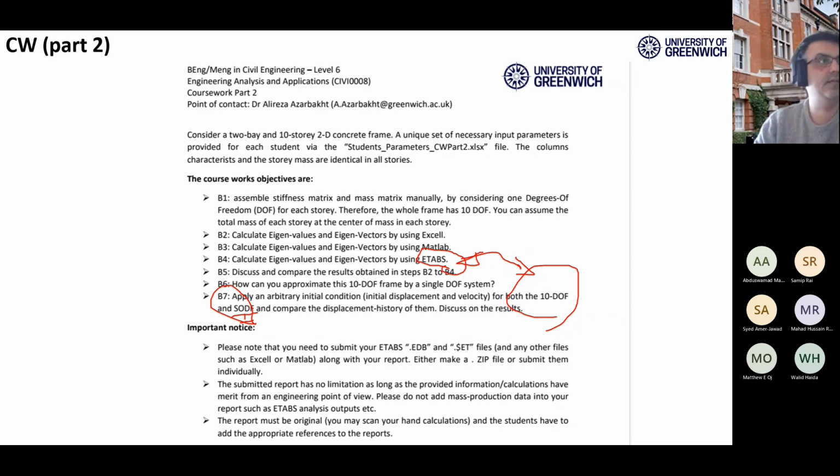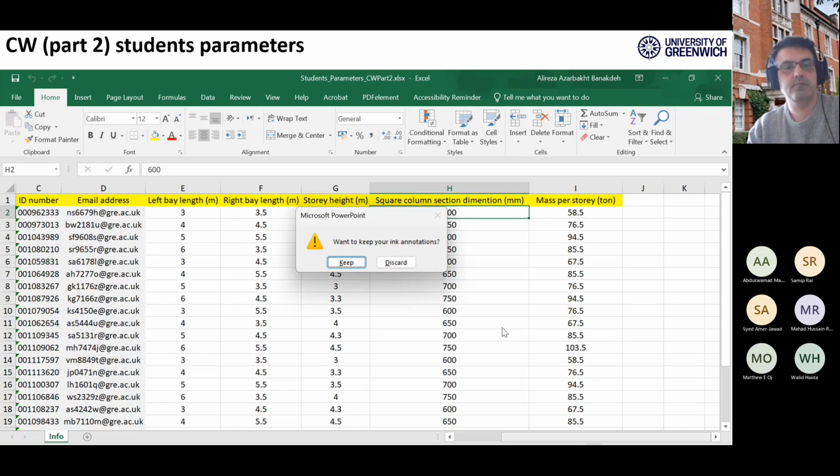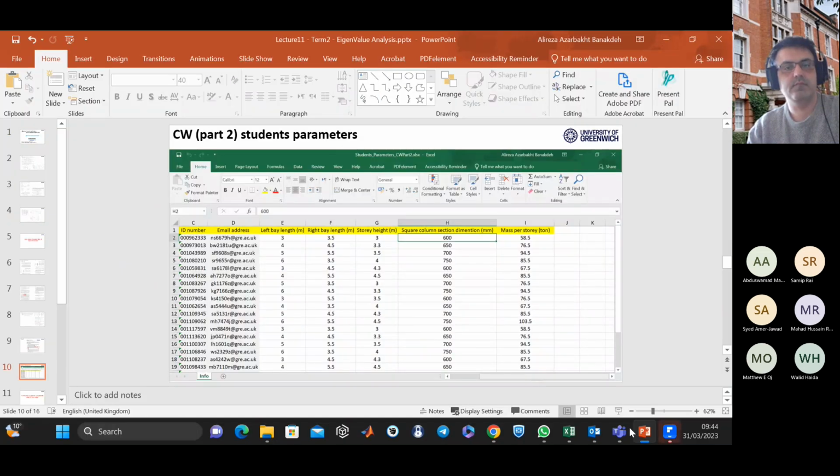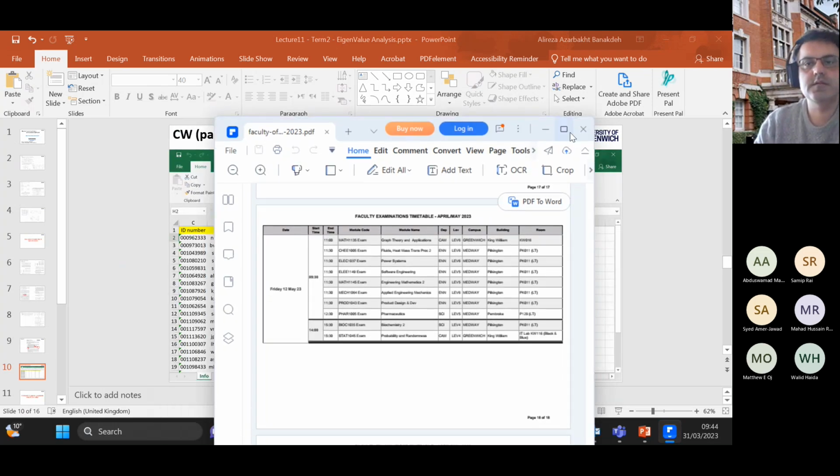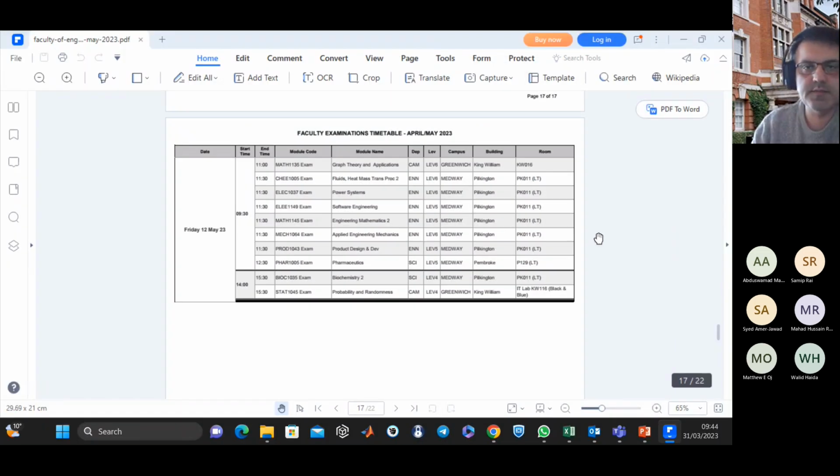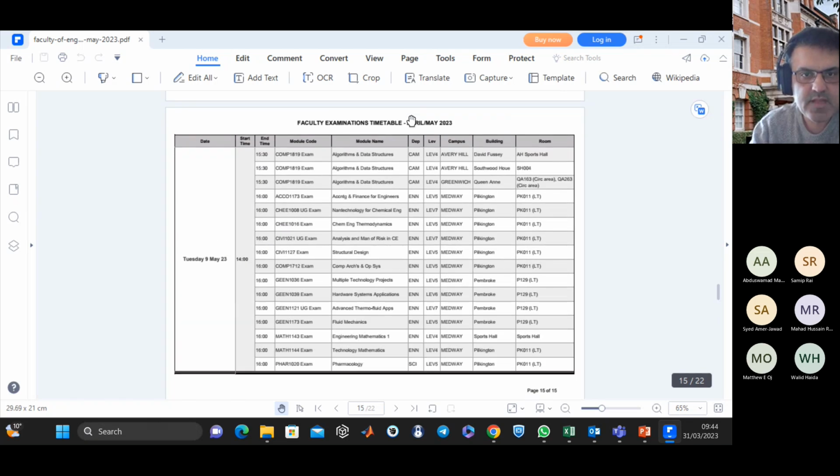It is on the university website, and this is the whole exam schedule. Can you see?